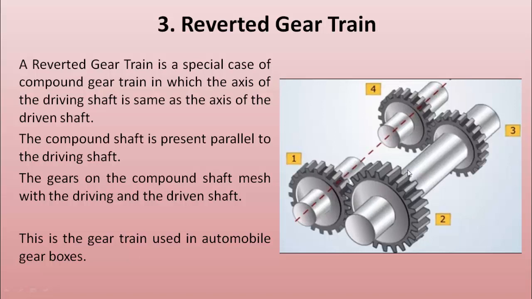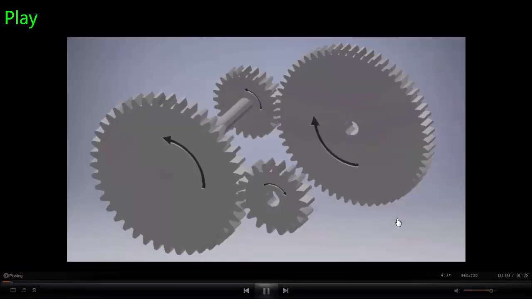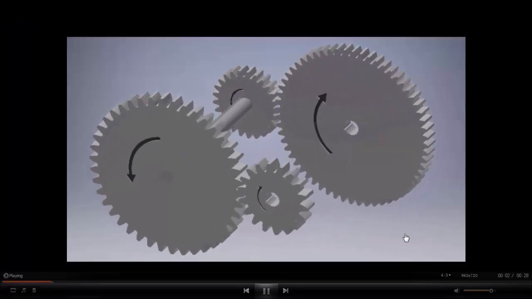As 2 is rotating, 2 and 3 are on the same shaft, so 3 also rotates. Because of the rotation of 3, 4 starts rotating. Thus, motion is transmitted from the driving shaft to the driven shaft through this compound shaft. So a reverted gear train is a special case of compound gear train in which the driving shaft and driven shaft are on the same axis. Here you can see the example of a reverted gear train.